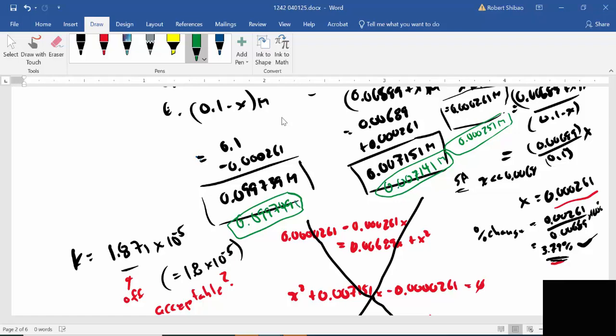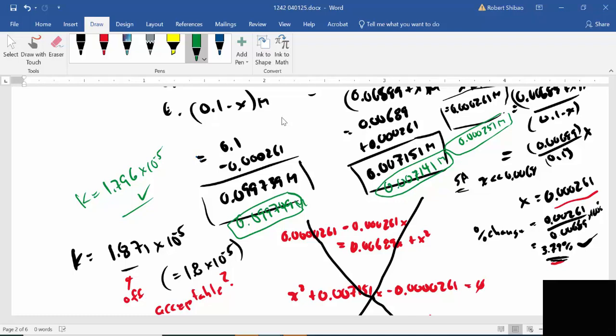And so let's try these numbers and recalculate our K value here. It is 7.9 times 0.007141 times 0.000251. Okay, this comes out to 1.796 times 10 to the minus 5. All right, now this rounds to 1.8. It's very close to 1.8, so this looks good.